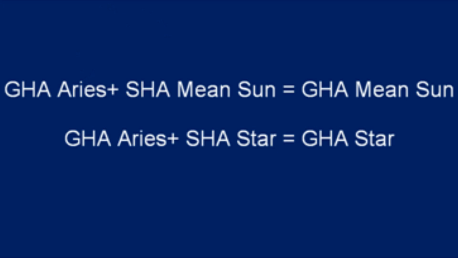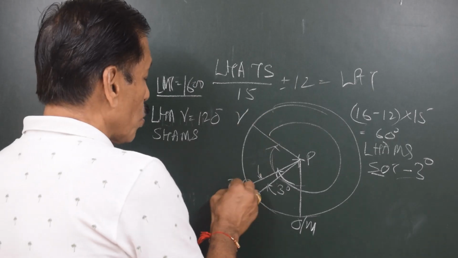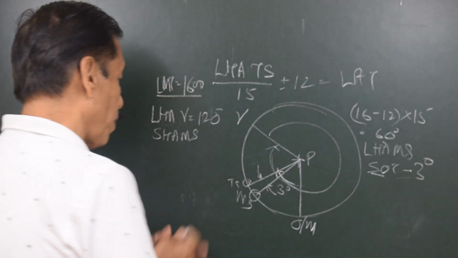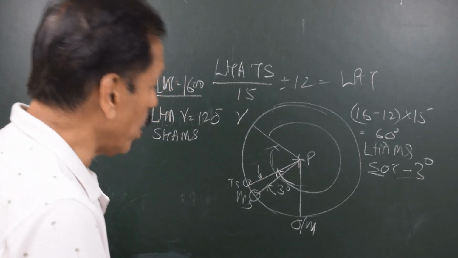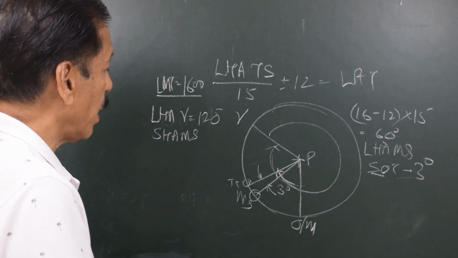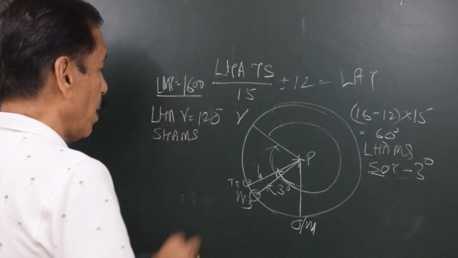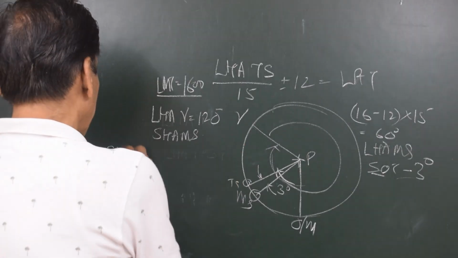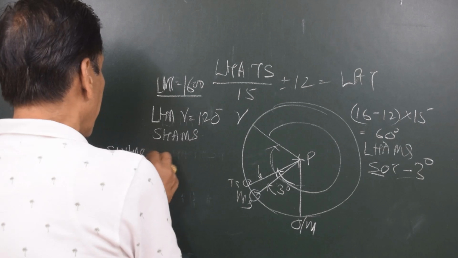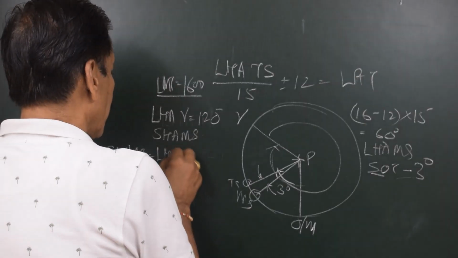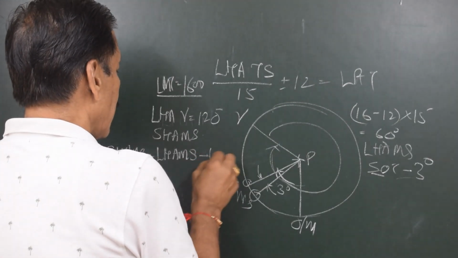So diagrammatically it can be shown that Aries, true sun, mean sun and observer are seen in the polar diagram like this. And mathematically also I can find out the SHA mean sun, and SHA mean sun is equal to LHA mean sun minus LHA Aries.